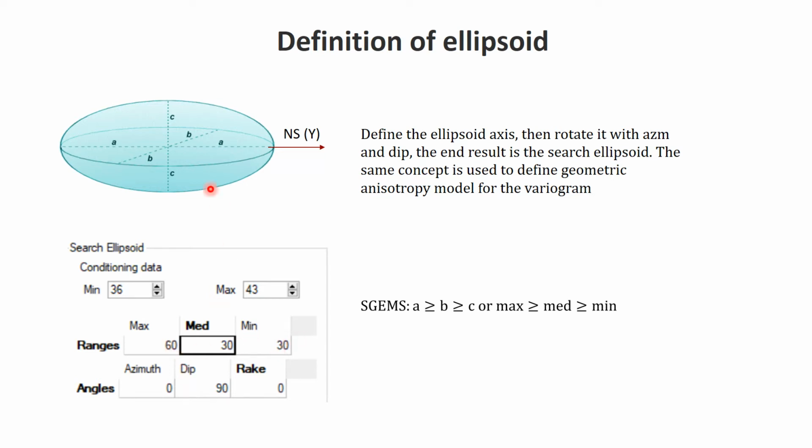Then I need to dip this ellipsoid, in other words, rotate it by 90 degrees downwards, such that the ellipsoid looks like this, at 90 degree dipping. So the way it works is you first define the ellipsoid axes that are oriented north-south, and then you do your orientations, azimuth and dip, and the end result is your search ellipsoid.